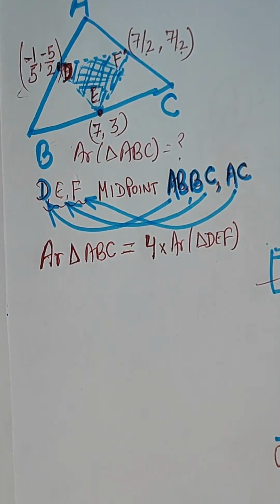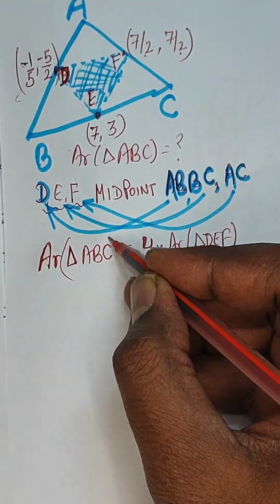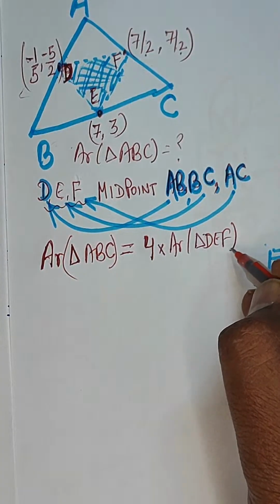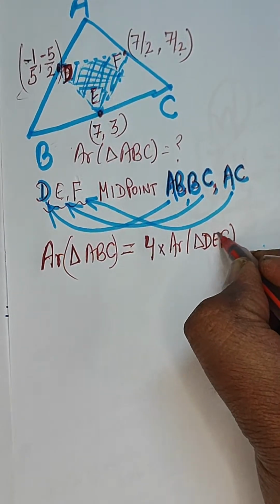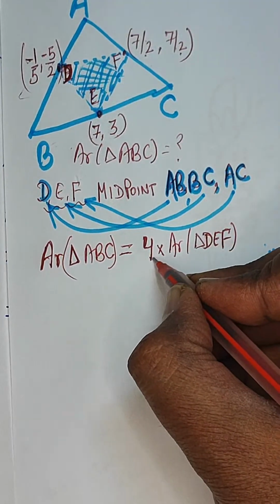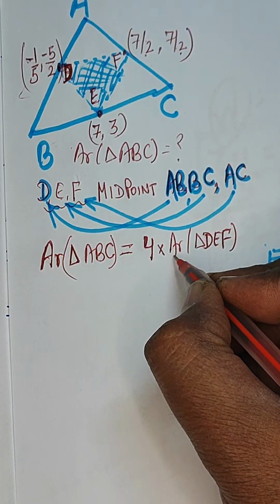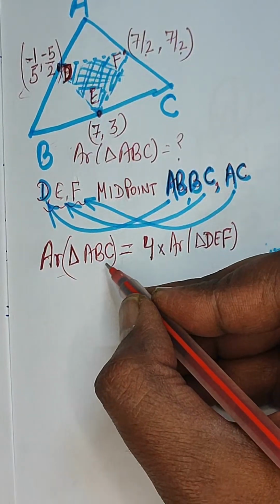So we will be using this. We will calculate the area of the triangle DEF, and after that we will multiply it with 4 to finally get the area of triangle ABC.